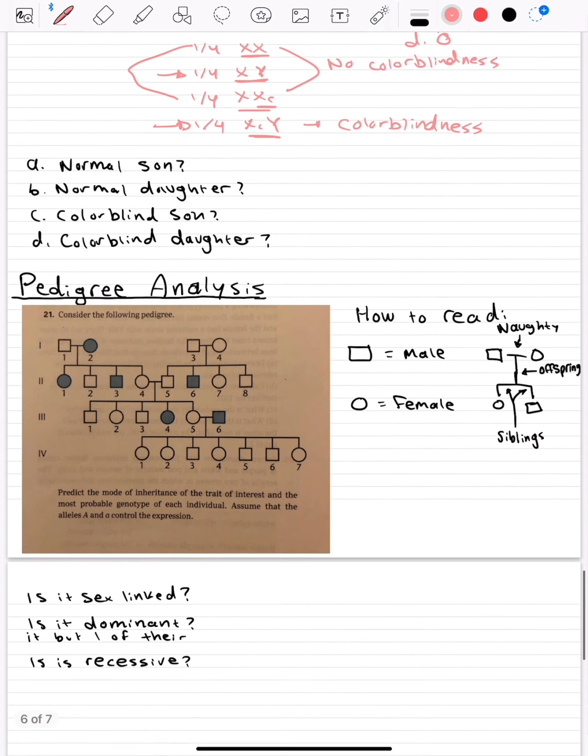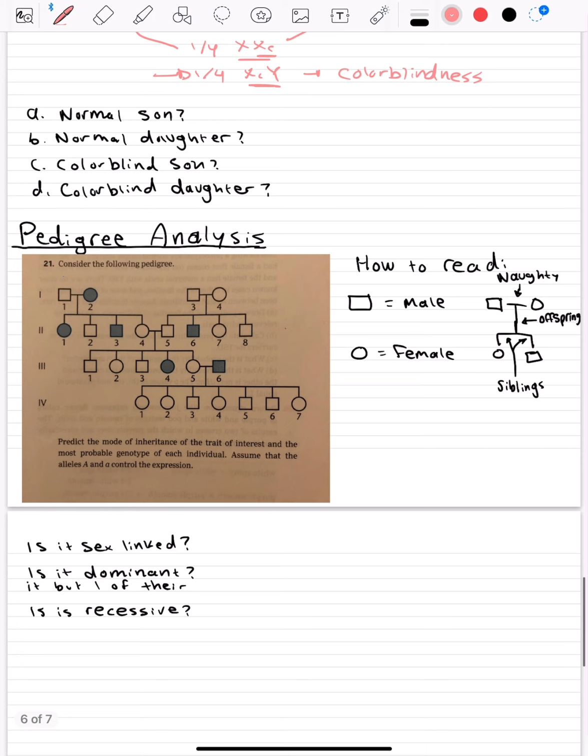All right, pedigree analysis. How do we read pedigrees? All right, so put simply, the squares right here represent a male, the circles represent a female. Now, if we have a line between both a male and a female, this signifies marriage or sexual intercourse. And this line going down from it signifies a line of descent.